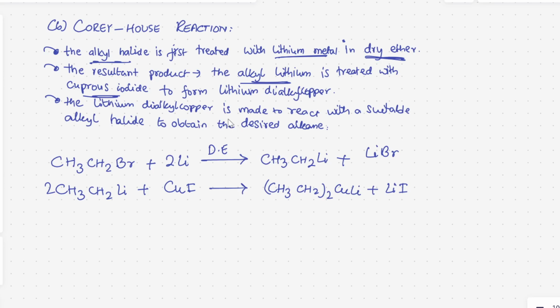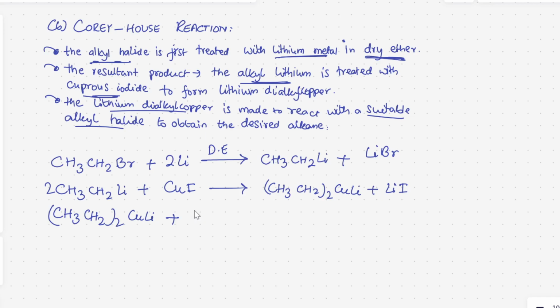Now the lithium dialkyl copper is made to react with a suitable alkyl halide. Now what does this suitable alkyl halide refer to? First let's take this (CH3CH2)2CuLi. Suitable alkyl halide refers to, maybe you want a pentane.